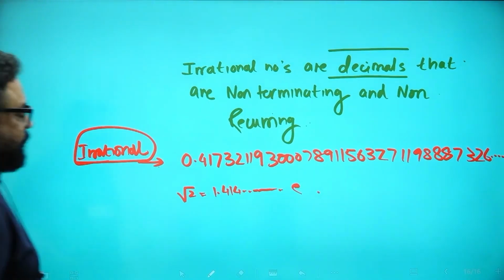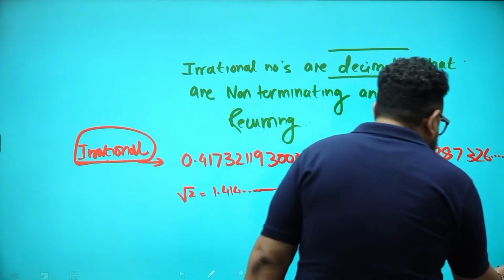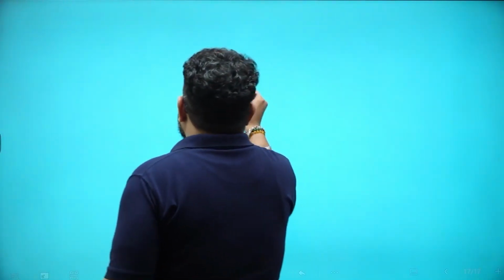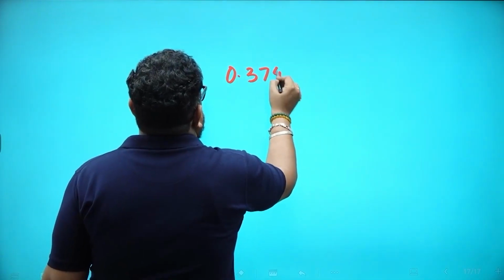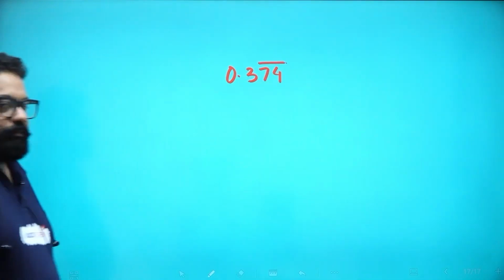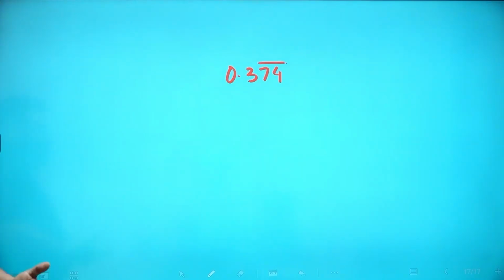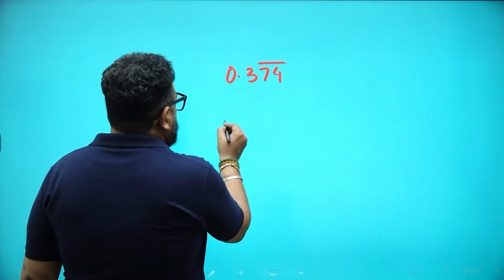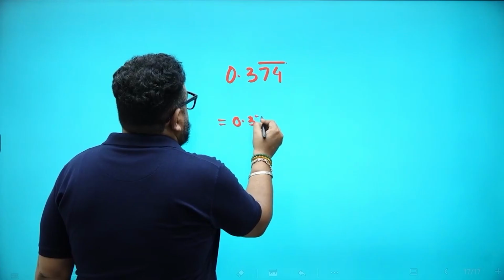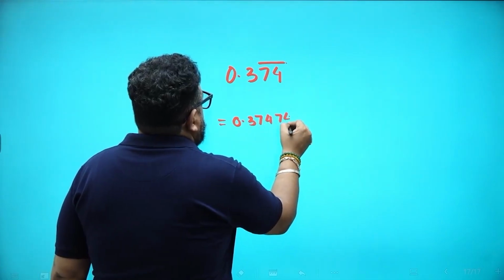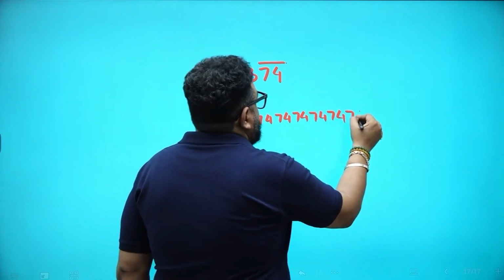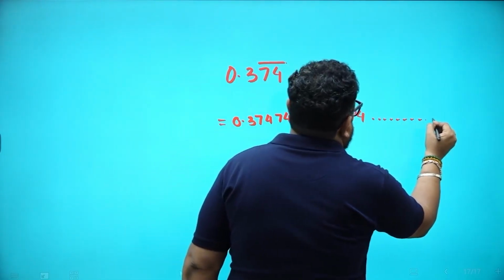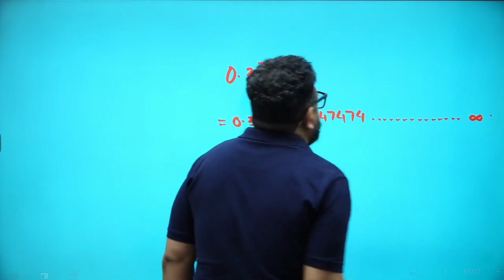For example, see this. I say what is 0.374 bar. Now a number with a bar would be 0.374, 74, 74, 74, 74, 74 till infinity.